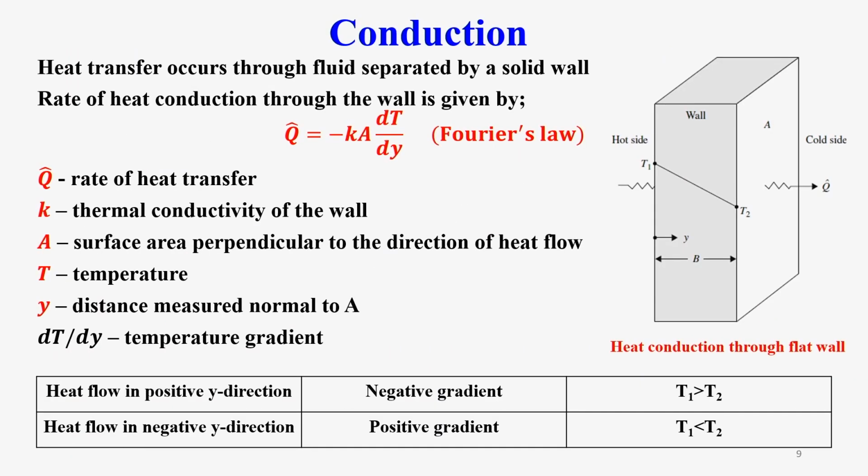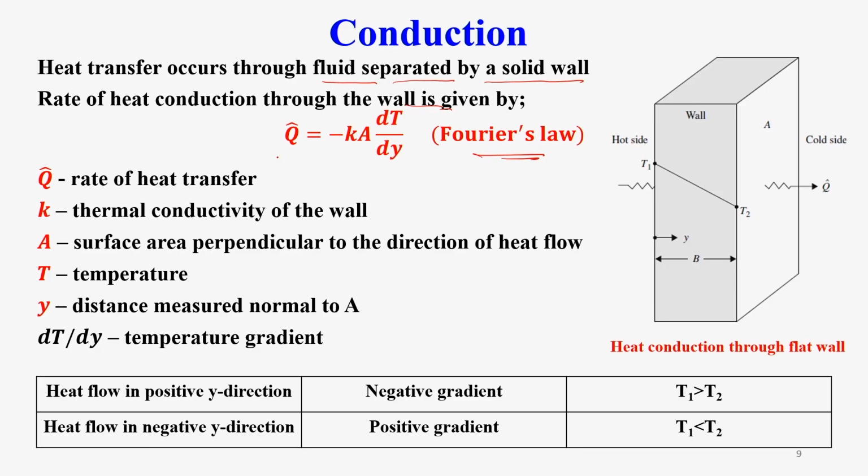Now, conduction, as we have discussed briefly, is heat transfer through fluid separated by a solid wall, and the rate of heat conduction through the wall is given by Fourier's law.